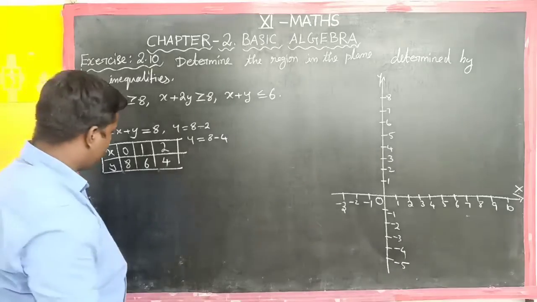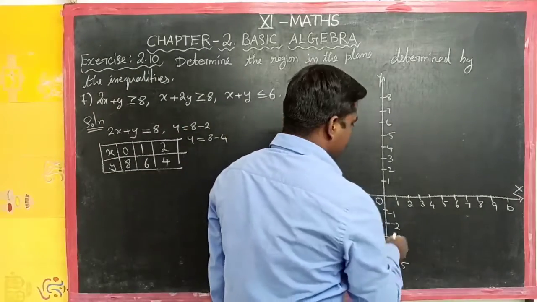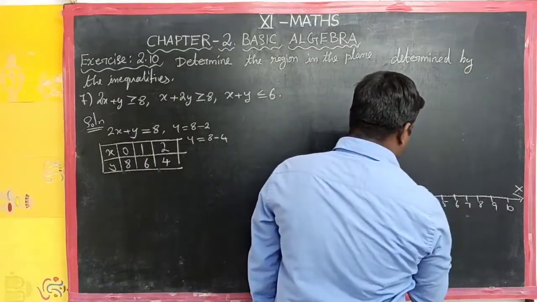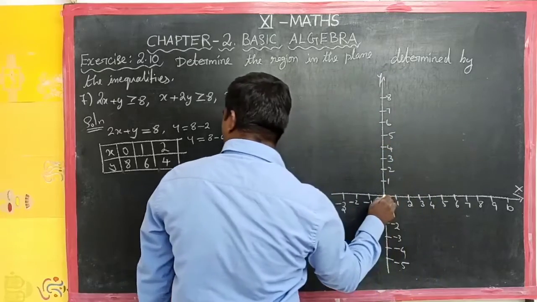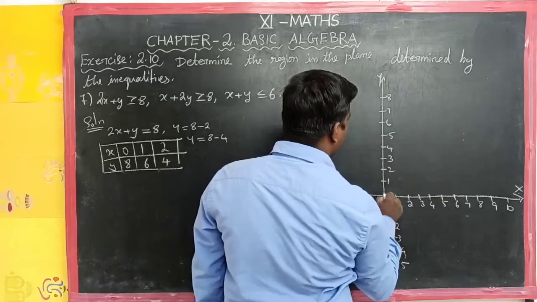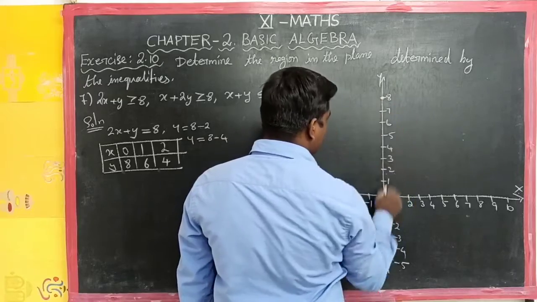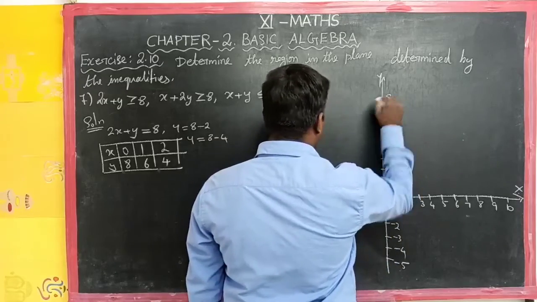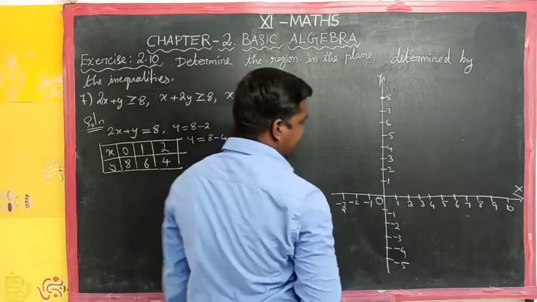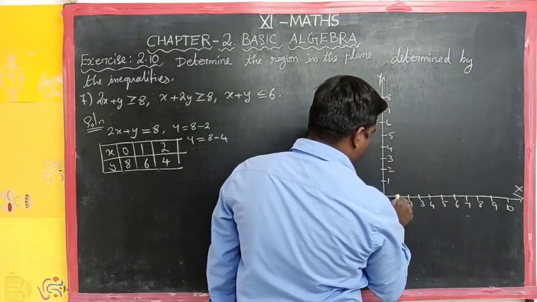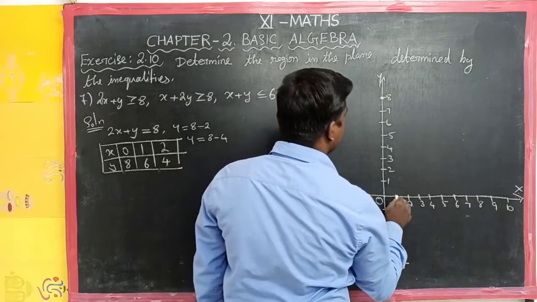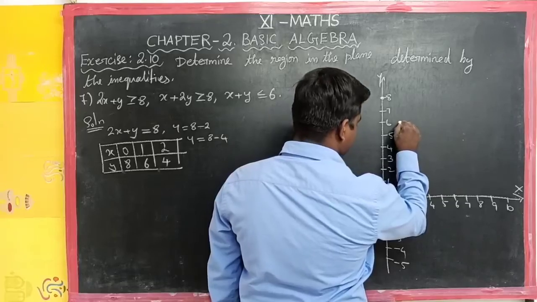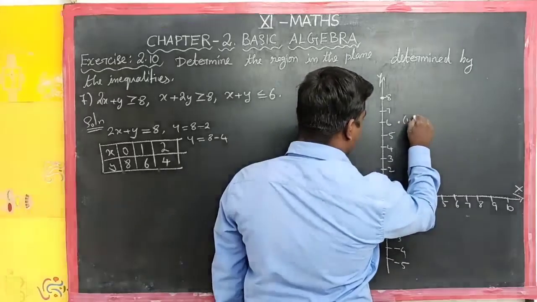We can plot the points on the xy plane. So 0, 8. On x-axis the coordinate is 0, and on y-axis we have 8. So first point. Next 1, 6. In x-axis 1 and y-axis 6. There may be a point 1, 6.